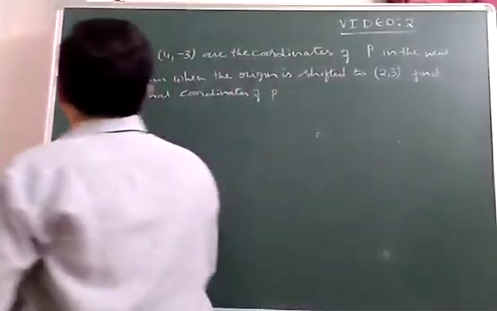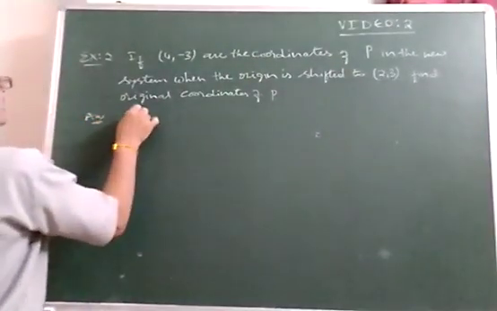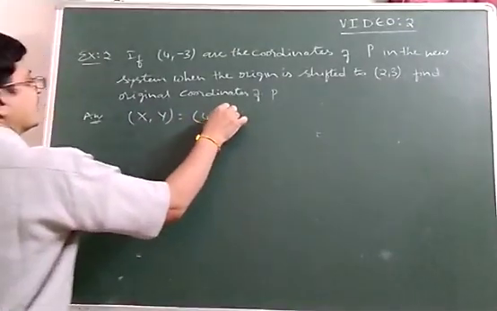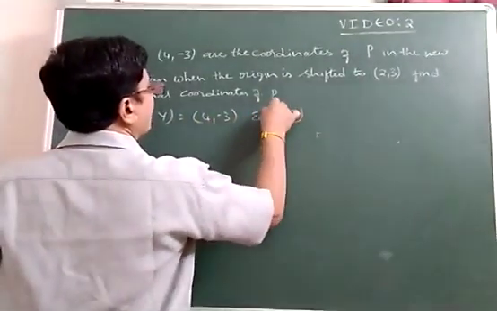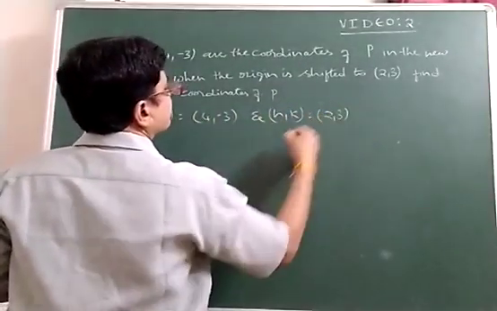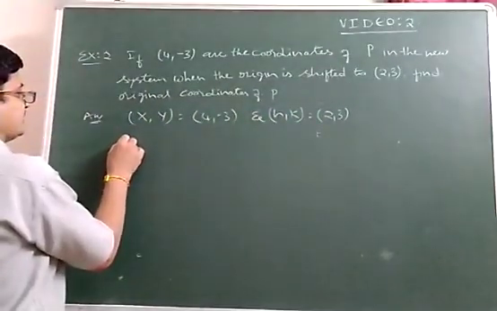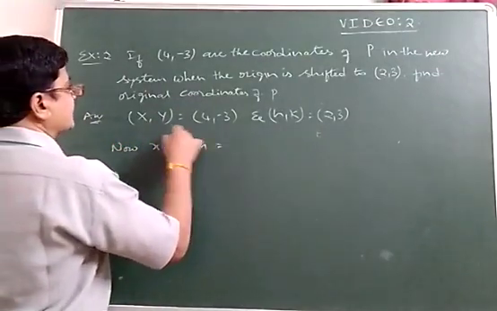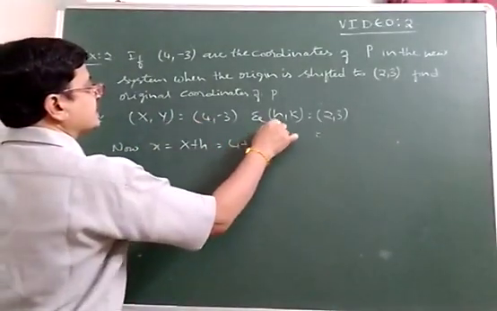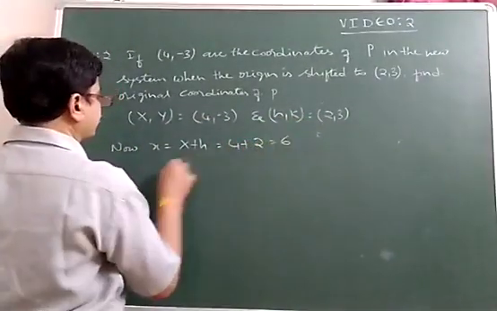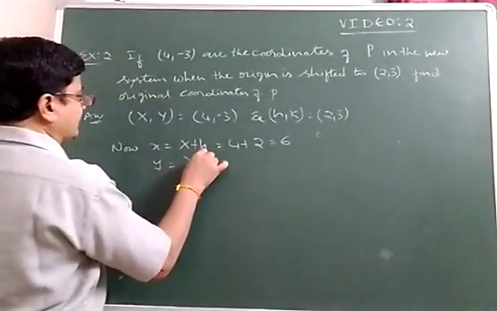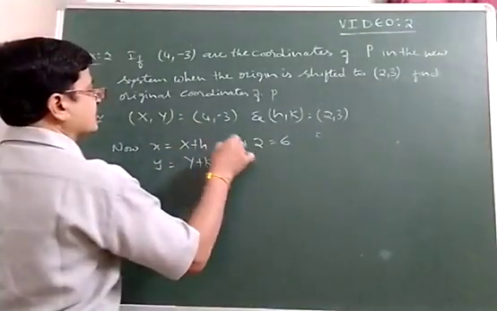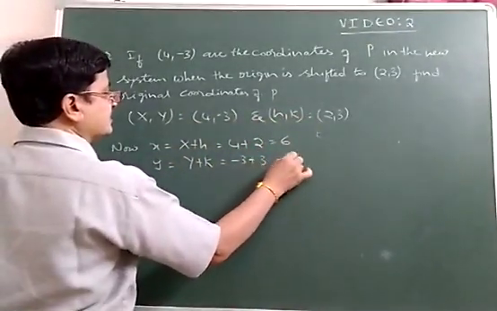So here we write capital X comma capital Y as 4 comma minus 3, and h comma k, the new origin, is 2 comma 3. Now the original coordinates: small x is equal to capital X plus h, that is 4 plus 2, which is equal to 6, and small y is equal to capital Y plus k, that is minus 3 plus 3, which is equal to 0.